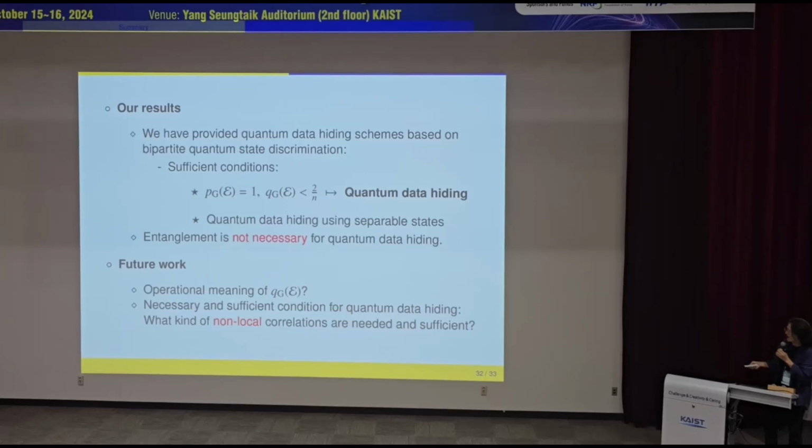And finally, we are wondering which one is the necessary and sufficient condition for quantum data hiding. I mean, what kind of non-local correlation is needed and also sufficient. Okay, so I guess that's all. Thank you.